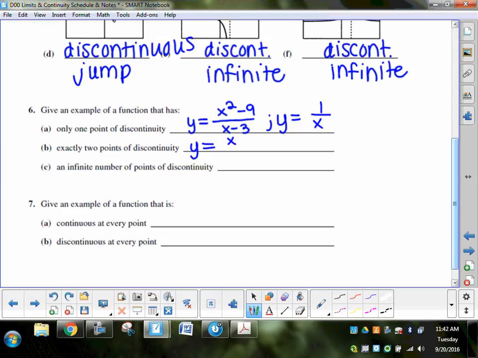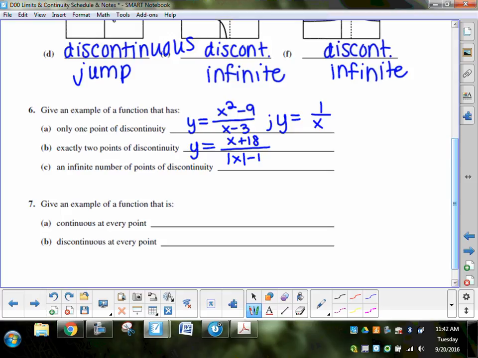You said x plus 18 over the absolute value of x minus 1. No, and over the absolute value of x. So what values would cause that then to be discontinuous? 1 and negative 1. Okay?